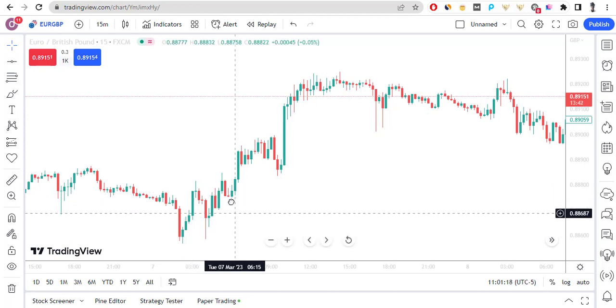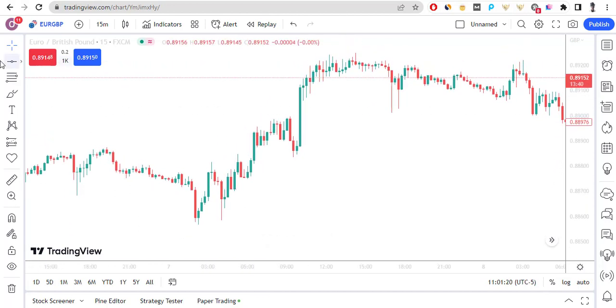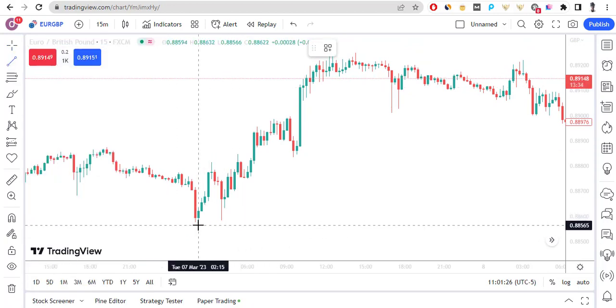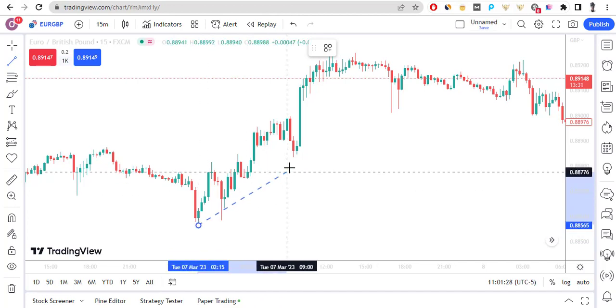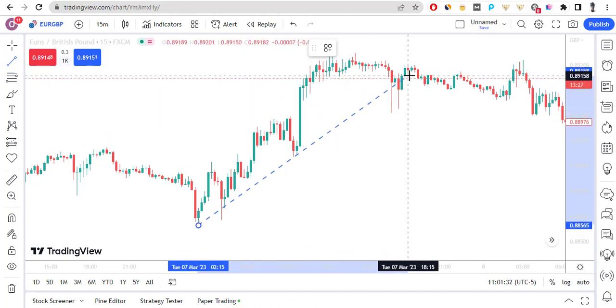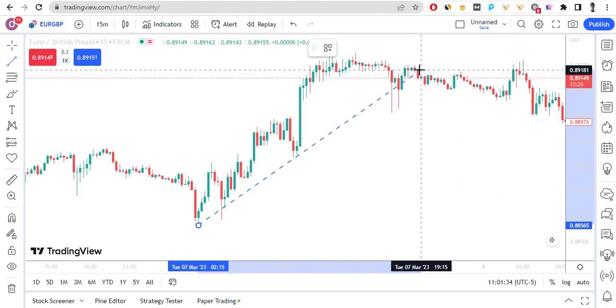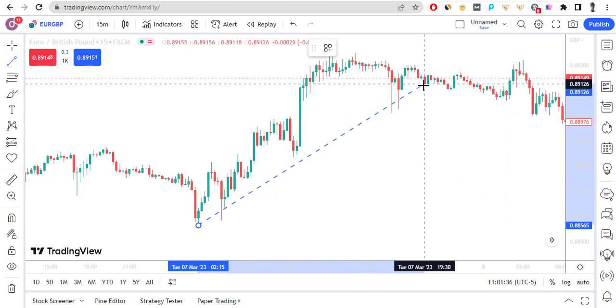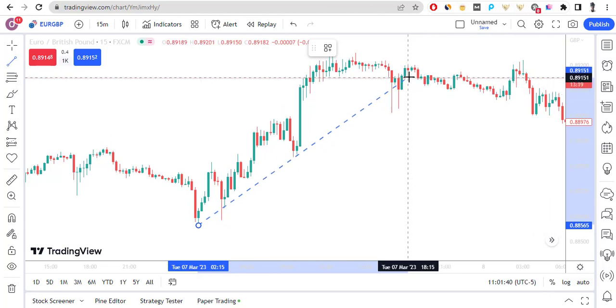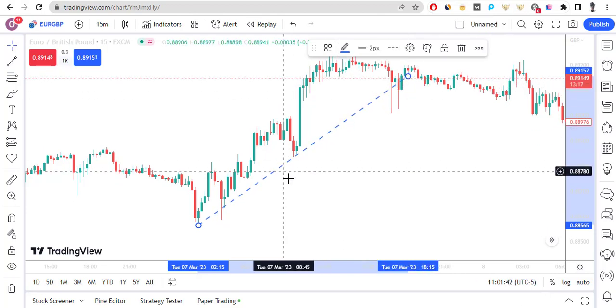So let's draw our first trend line. Let's try and connect this. Okay, so this is a trend line.